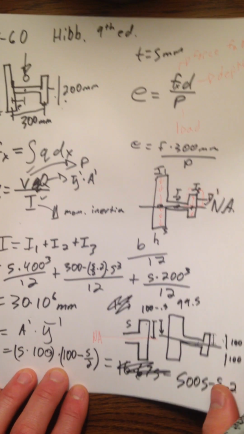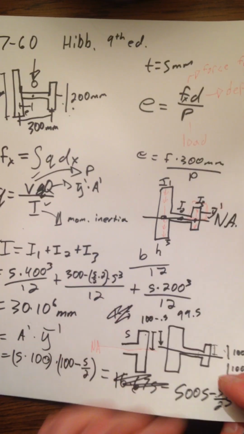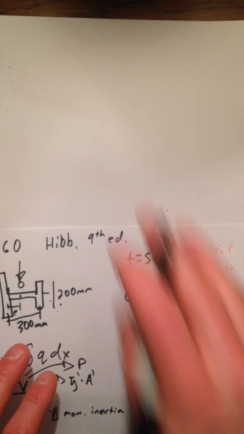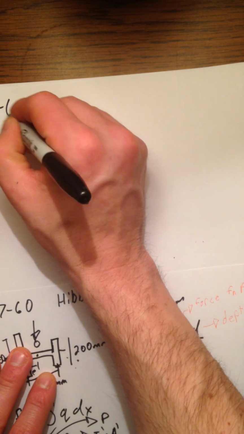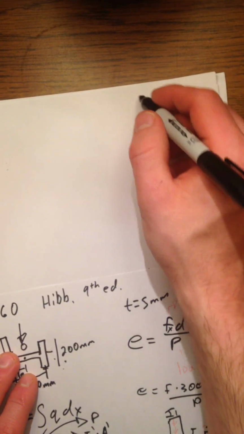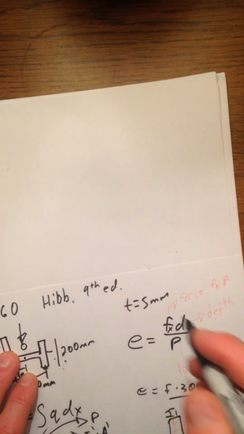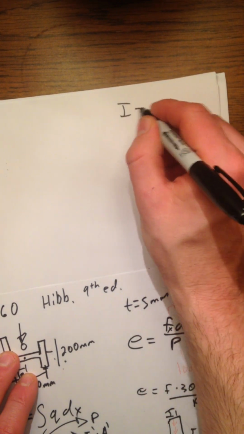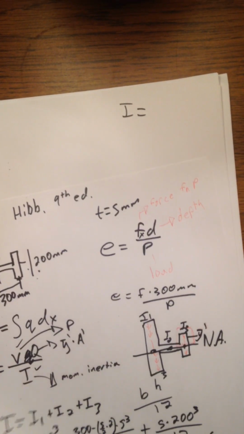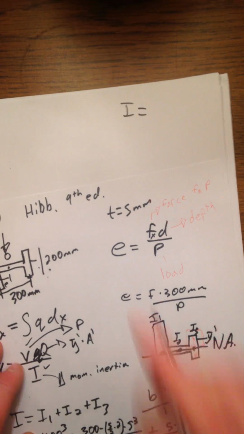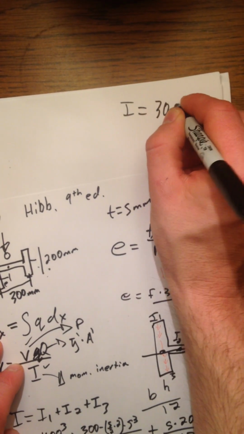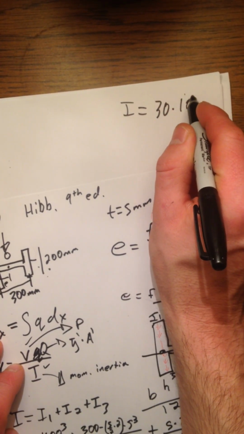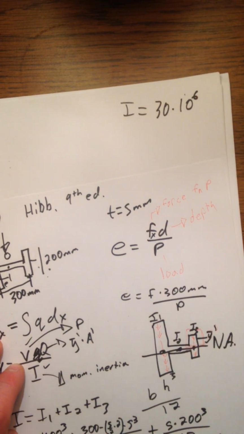So this is getting busy, so we'll make a new one. Hibbeler 760, and remember we had I equals, what do we have I as? 30 times 10 to the 6 millimeters to the fourth.